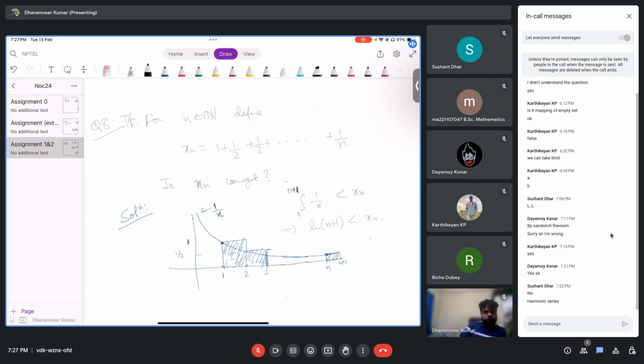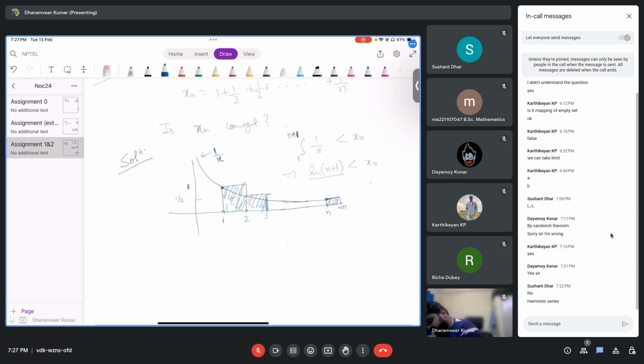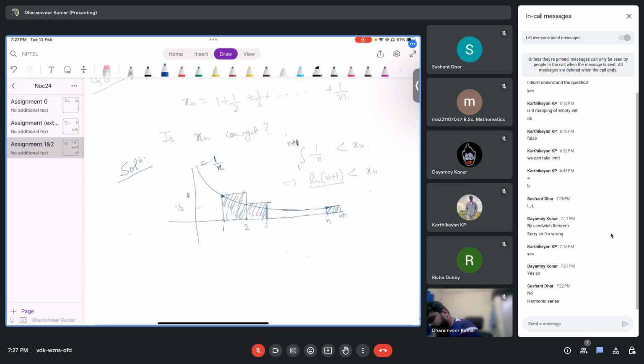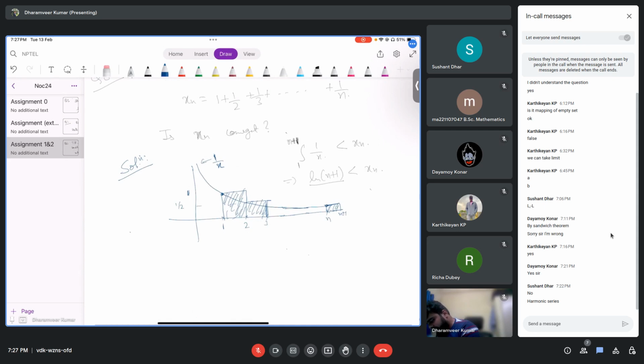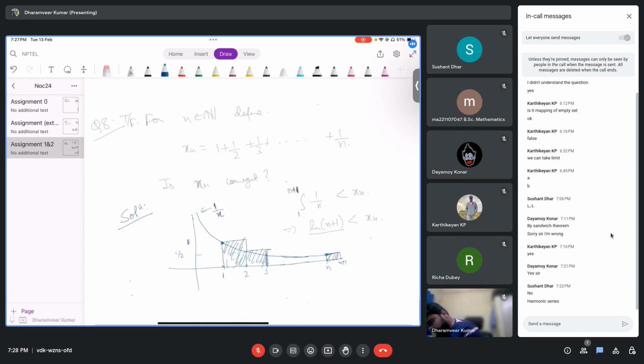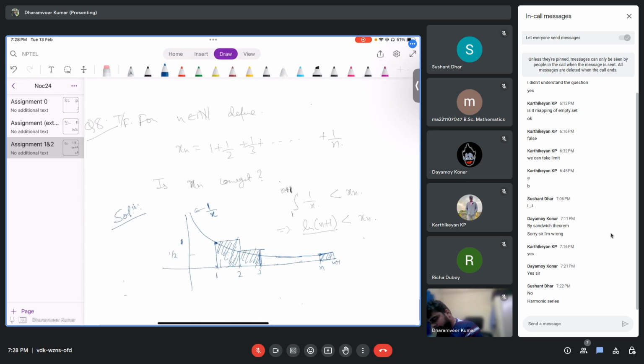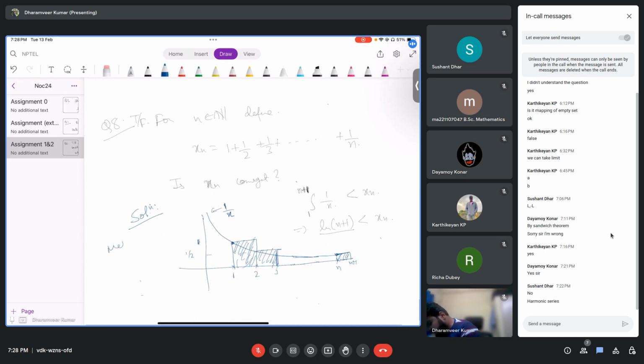If you take the limit on both sides, what happens? This goes to infinity. Okay? This is method 1.